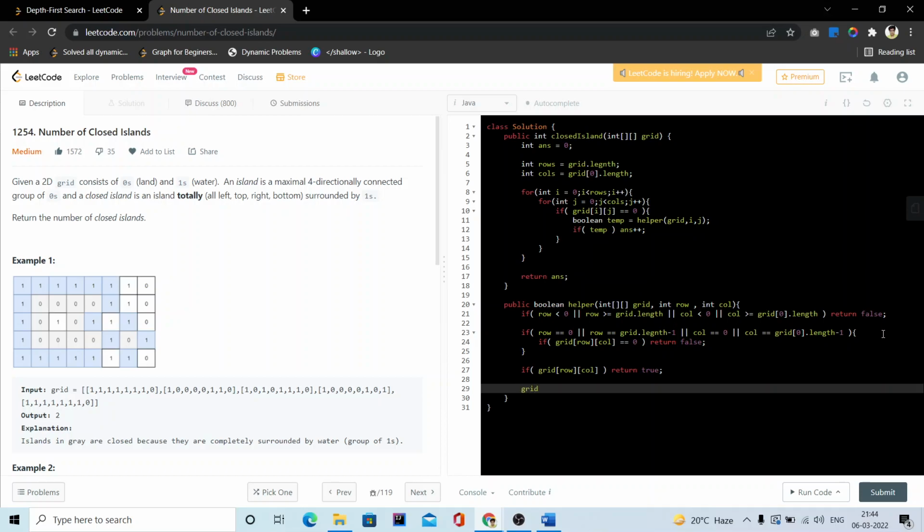Otherwise, we are lying at a position where we found a zero and it's not on the boundary. So we would just simply convert this zero into one and apply the same helper method on this zero in all of its four directions.